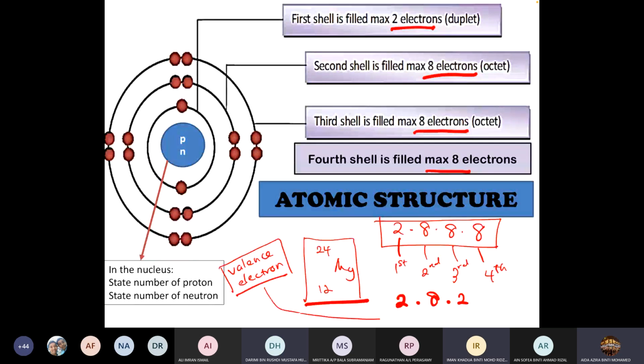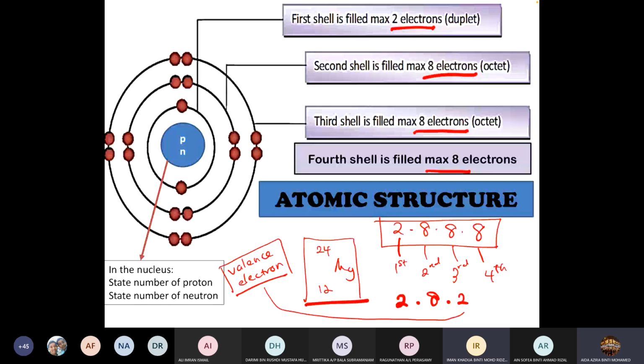Valence electron refers to the number of electrons on the outermost shell. The electrons on the outermost shell we call valence electrons. Very good.